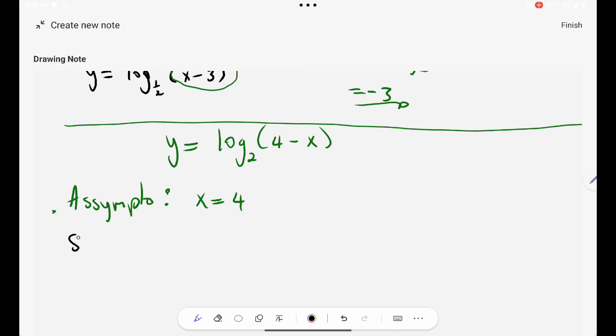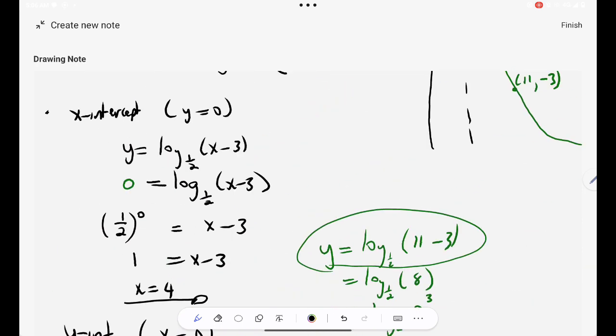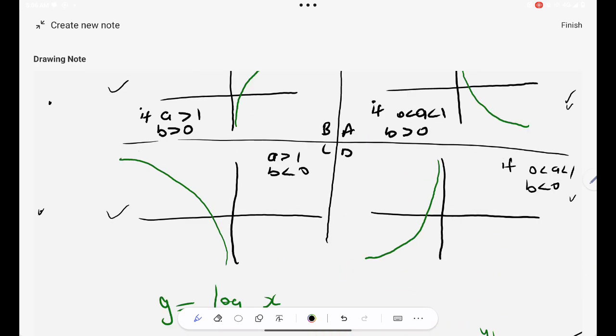Okay, and then now I must establish the shape of my graph. A is equal to 2, a number which is greater than 0. Are we together? But B is equal to negative 1, a number which is less than 0. So for my shape, I need to go back there.